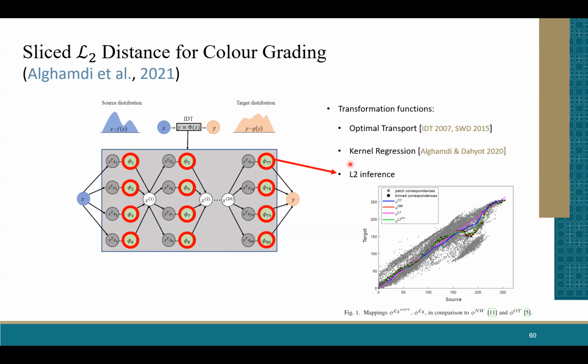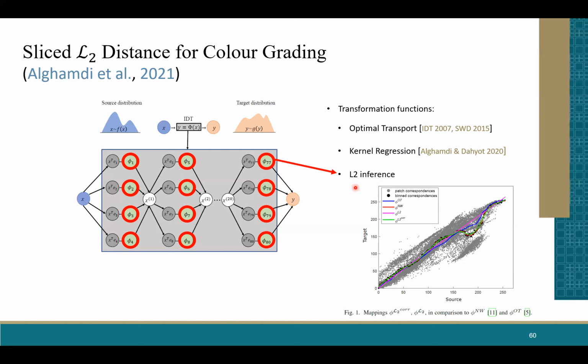So in this paper, we propose to extend this projection-based strategy using the robust L2 distance to infer a function suitable with and without correspondences. And the function is parametric.